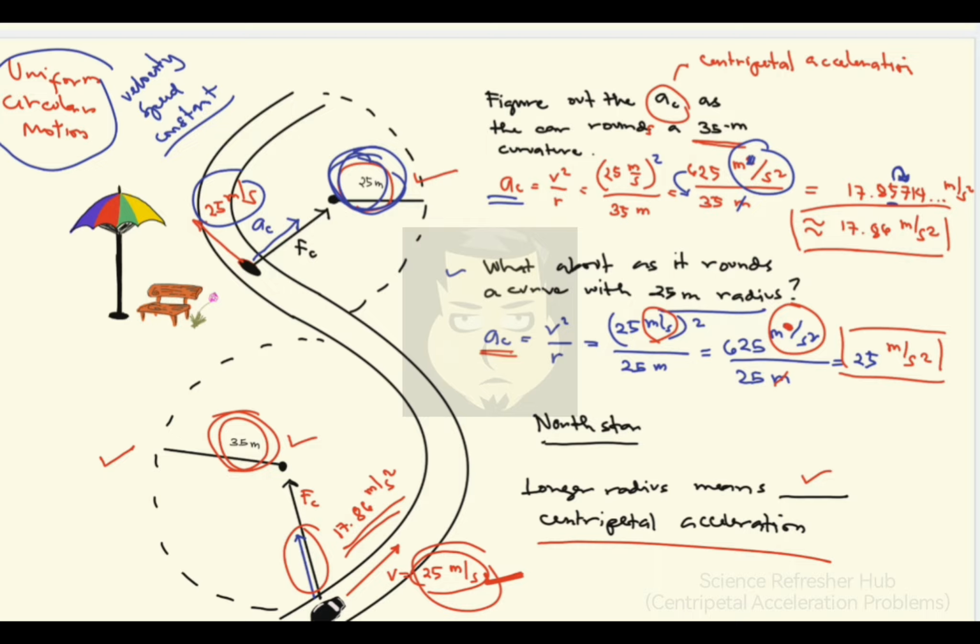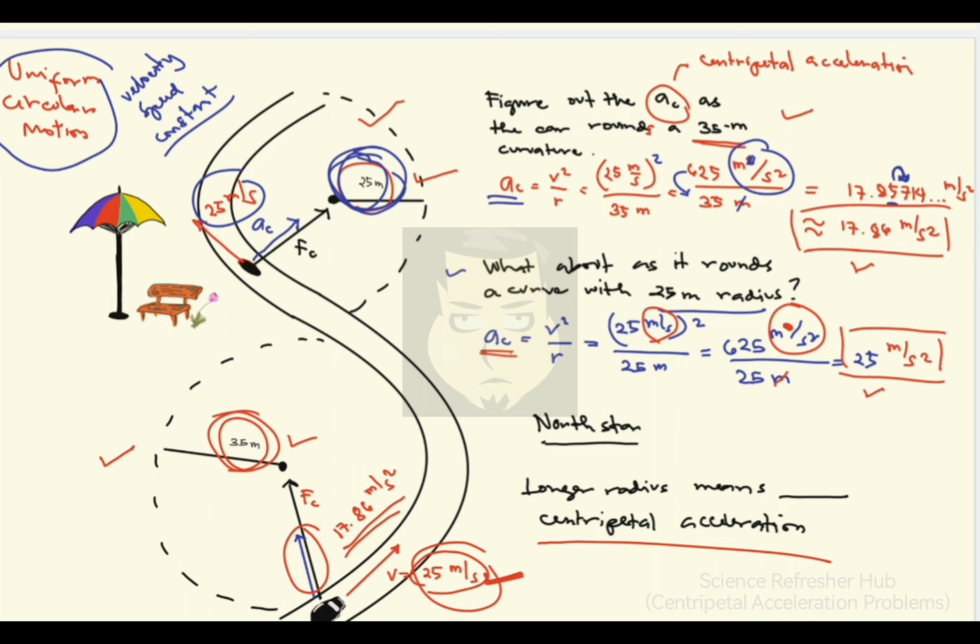So our North Star, the longer radius, what will happen to our centripetal acceleration at 35? This is longer than 25. Look at the centripetal acceleration. It's just around 17.86. But if the radius is shorter, like 25 in the next curvature, the centripetal acceleration is 25.